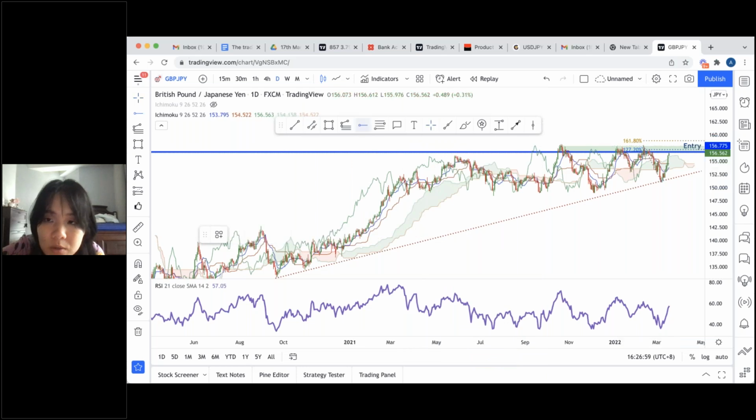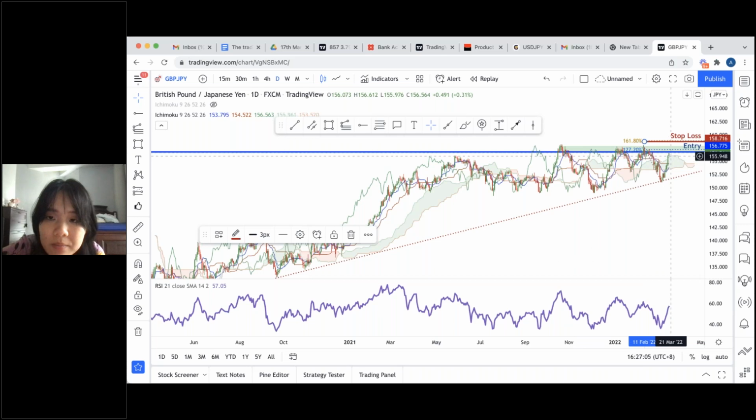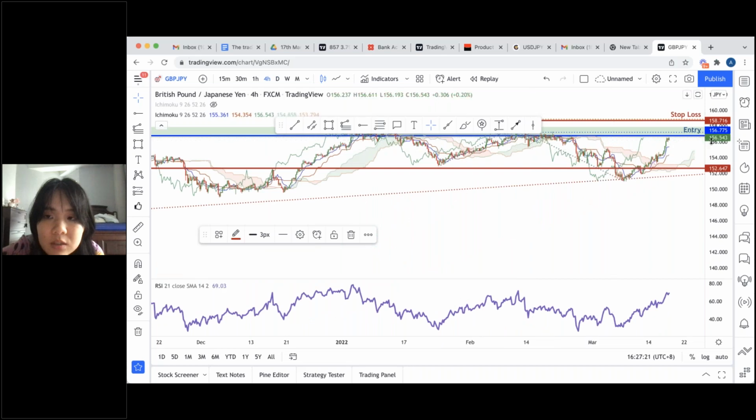Okay, so my stop loss will be here, and my potential TP will be here. This is for a swing trade, by the way, but if you guys want a TP earlier, feel free. Just make sure you shift your break even lower.